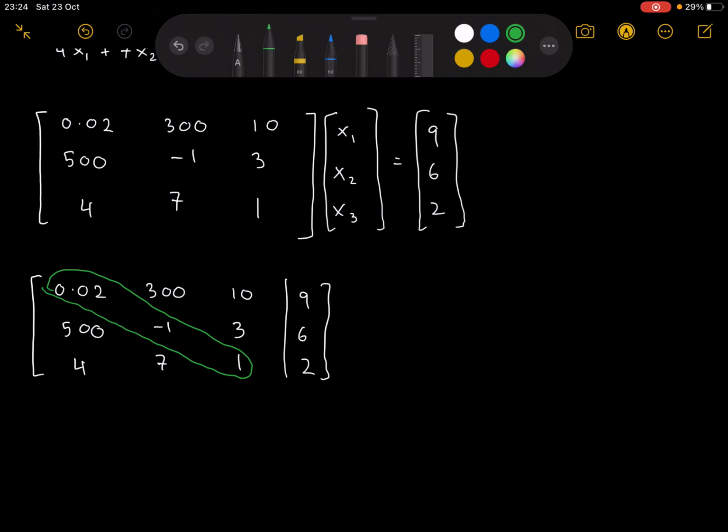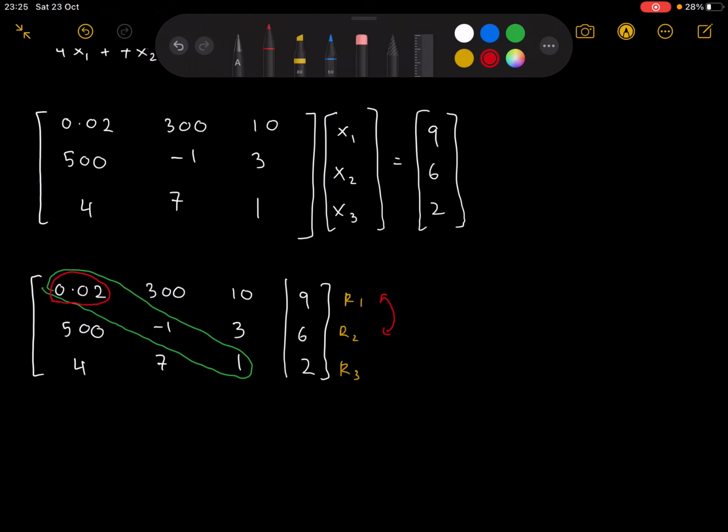Okay, if you realize here, one of our diagonal elements, which is located on row number 1, contains a value which is almost 0. This value is close to 0. So with partial pivoting, we're going to swap row number 2 with row number 1.